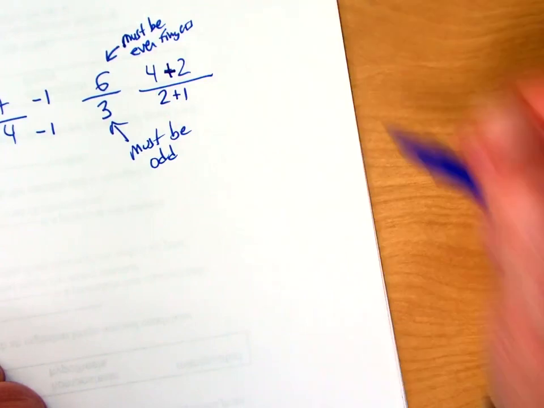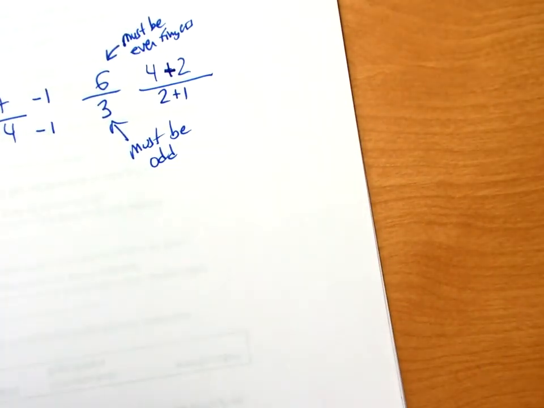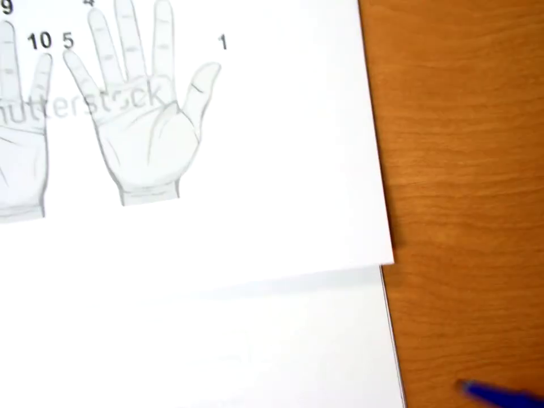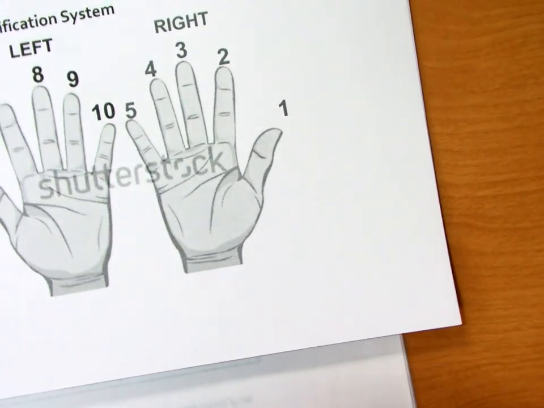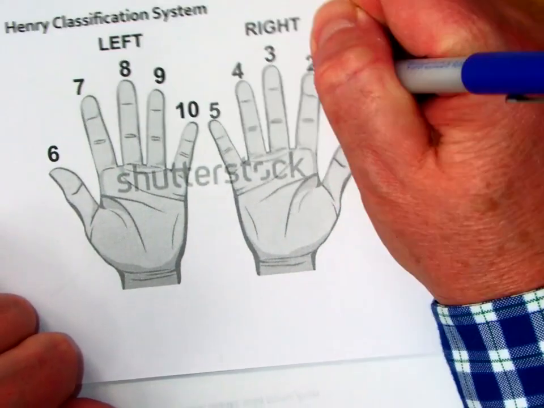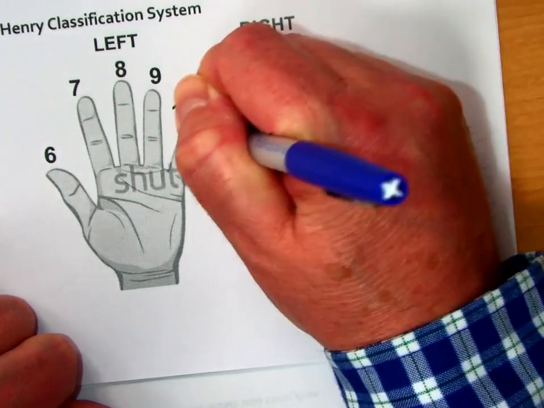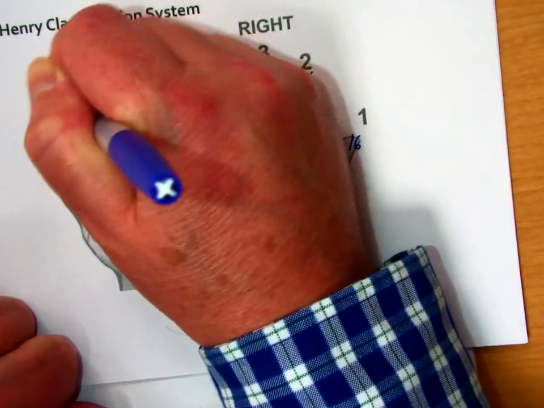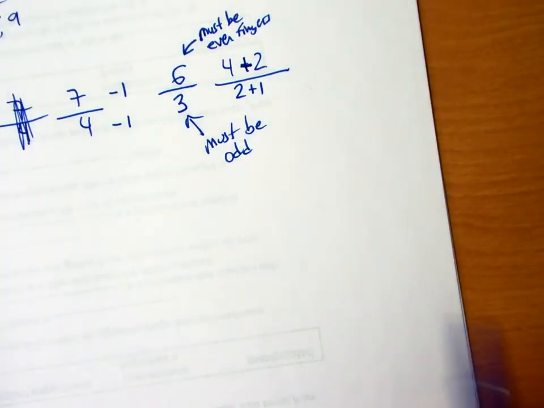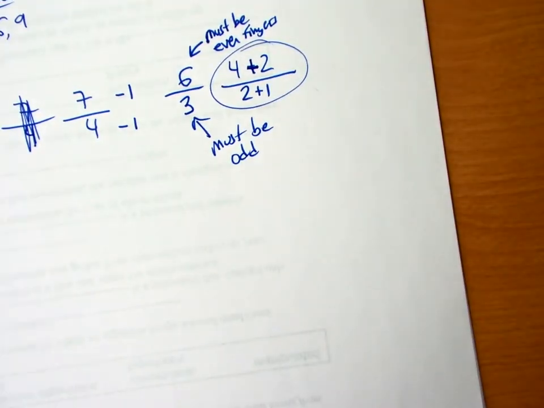Which even fingers have a value of 4 and 2? So let's look at this. Here's our hand again. Remember, it's 16, 16, 8, 8, 4, 4, 2, 2, 1, 1. We're looking for even fingers 4 and 2.